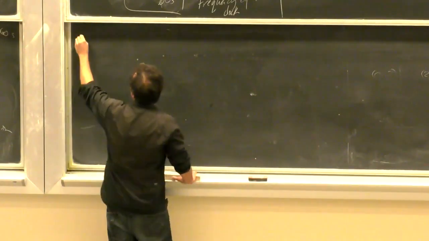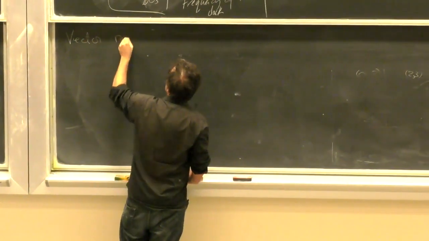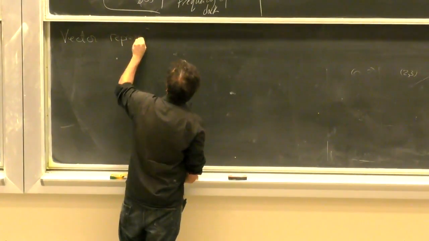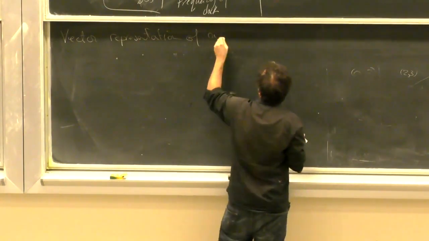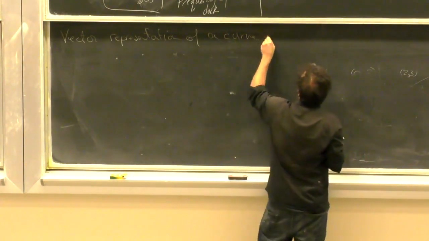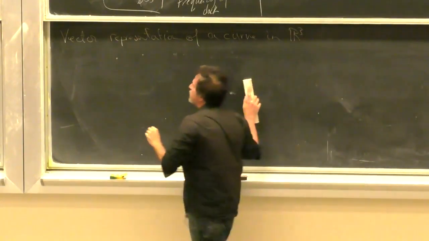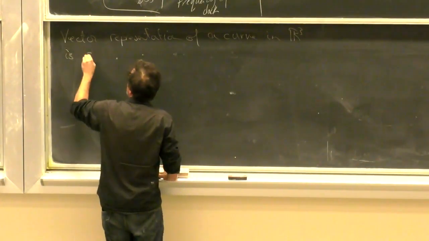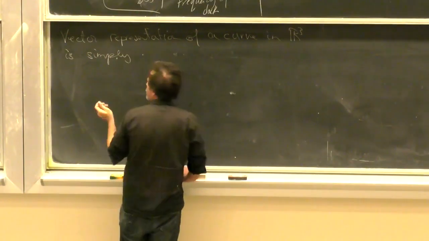So the vector representation of a curve in R3 or R2 is simply the following.